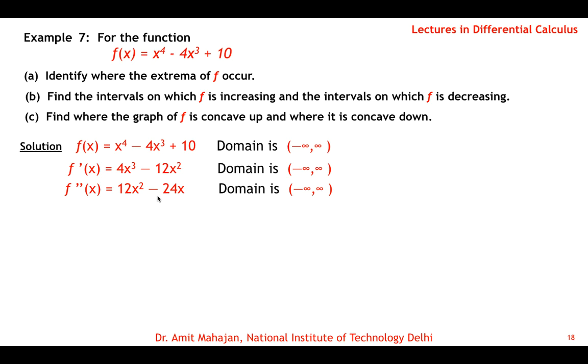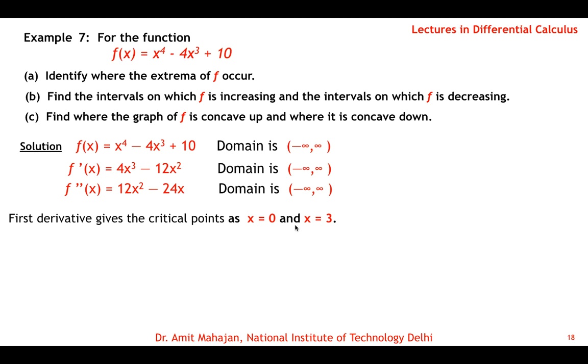To find the intervals where the function is increasing or decreasing, we first note the critical points of the function, by finding those x values where the first derivative either is 0 or does not exist. The second case is not there because the domain is R, so only the points where the first derivative is 0 matter.